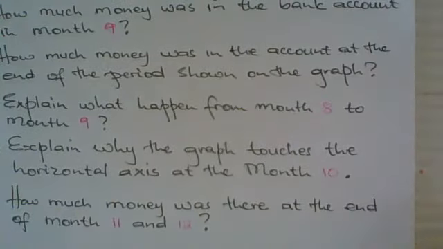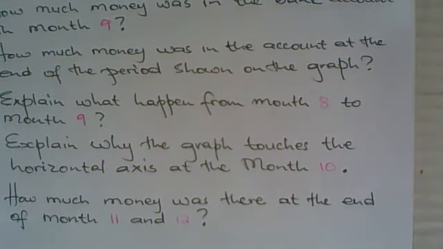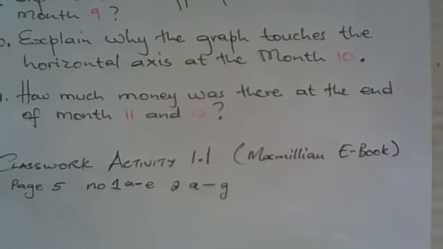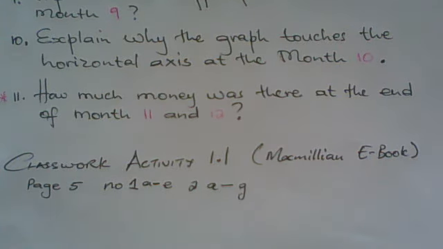Guys, there is no day without activity. People are active, so I need to give you something. Classwork activity: page 5, number 1, A up to E, and then number 2, A up to G. That is in book 2, on macmillan.co.za.